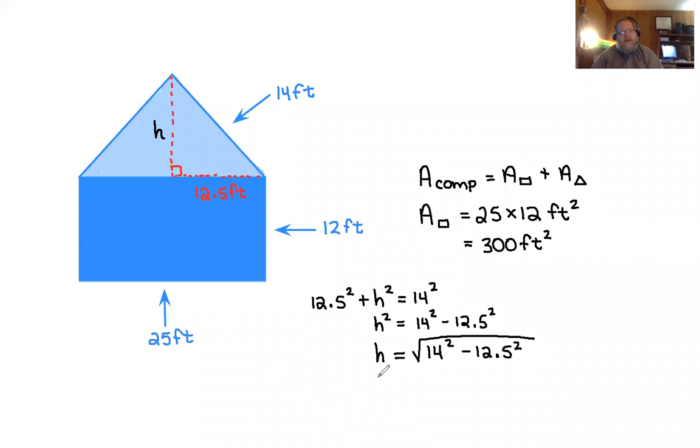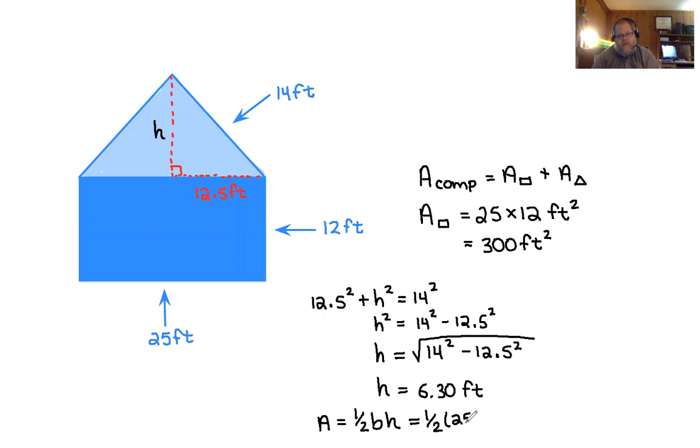So I've decided, after calculating, to go to the nearest hundredth. And so this answer is going to be 6.30 feet is the height. And now we can calculate the area of the triangle. The full triangle. Area is 1/2 of its base times its height. Now the base is 25 feet.